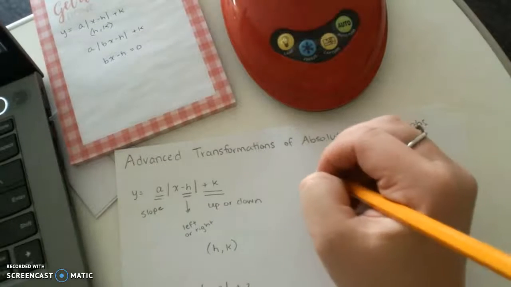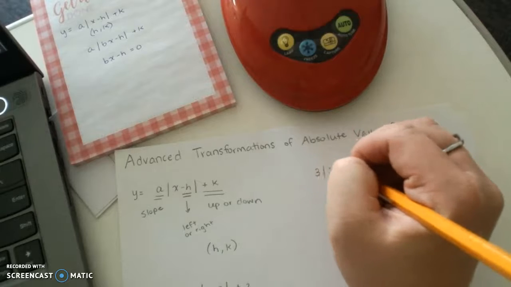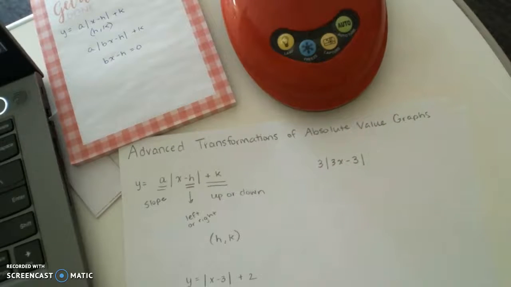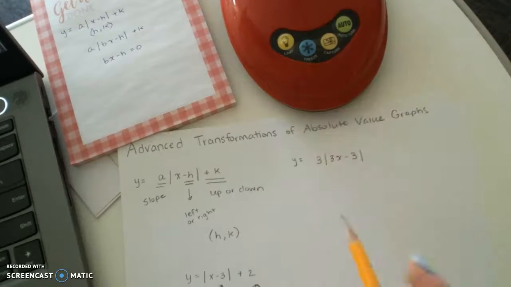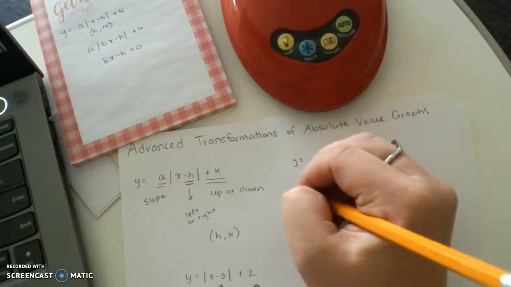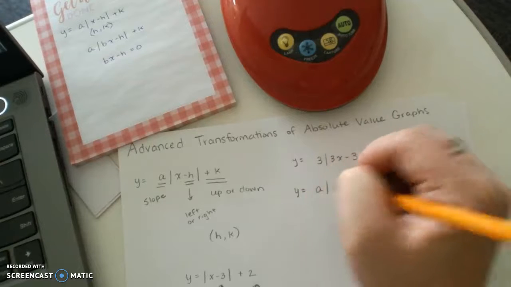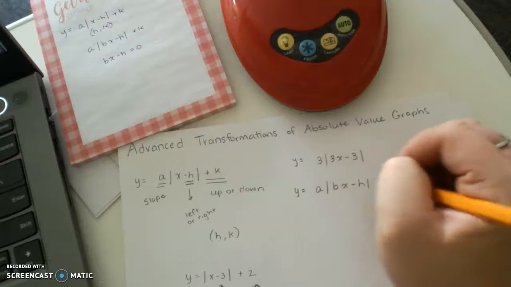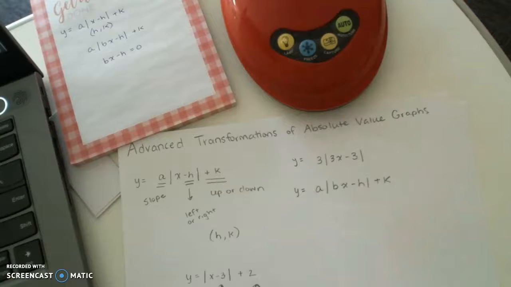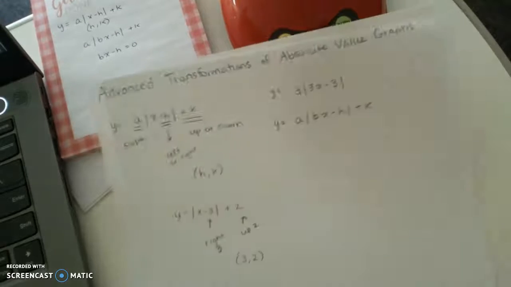Today, we are going to deal with the more advanced ones, the ones that look something like this. Okay? And what's different about these is that now there is something in front of our x. So we can explain these as being in the form of a times absolute value of bx minus h plus k.